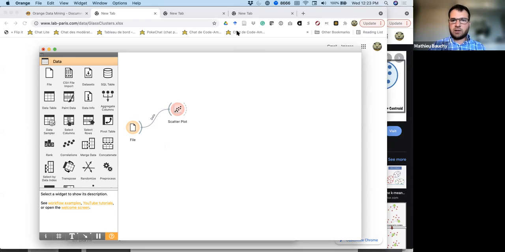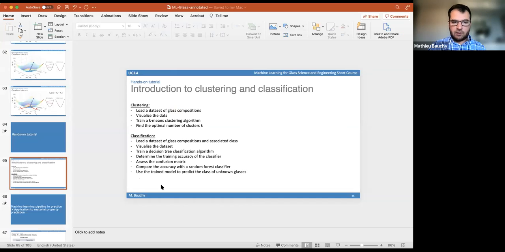So let me show you the list of instructions that I have in mind. For the clustering, you would load the data set, visualize the data, train the k-means algorithm, and then find the best number of clusters that describes the data set.